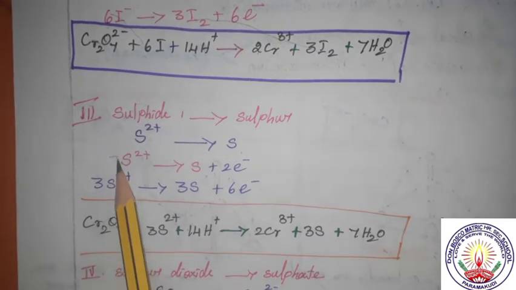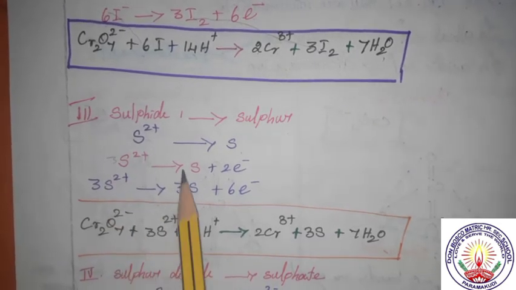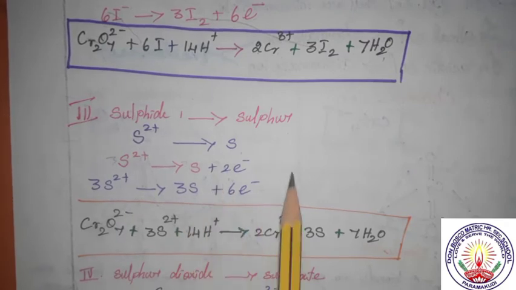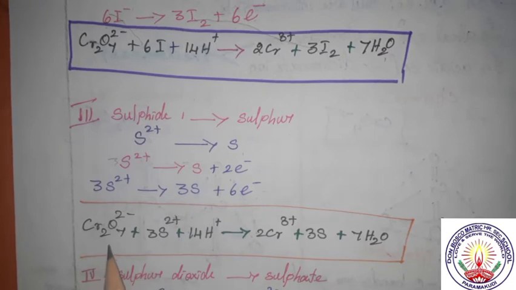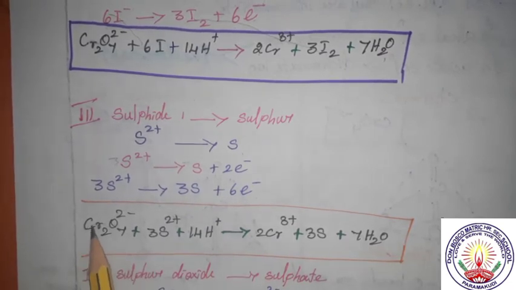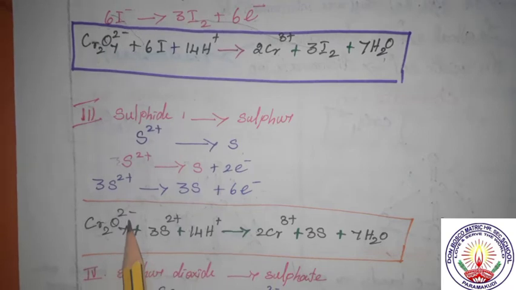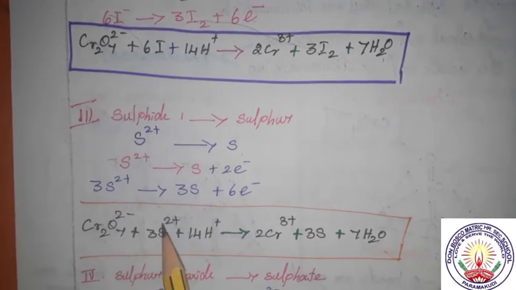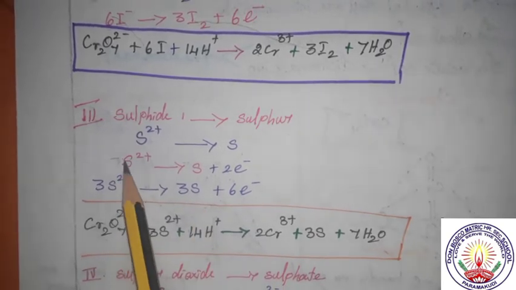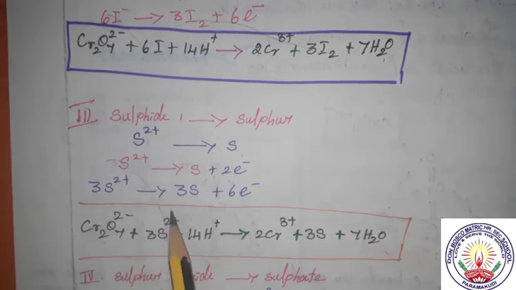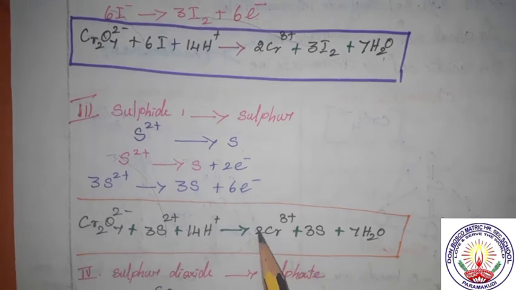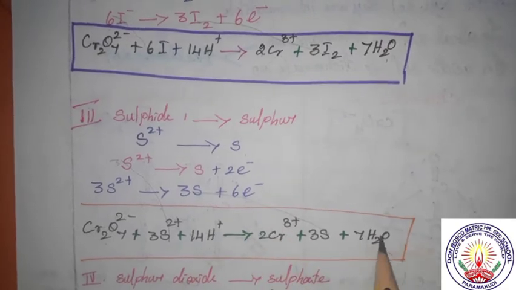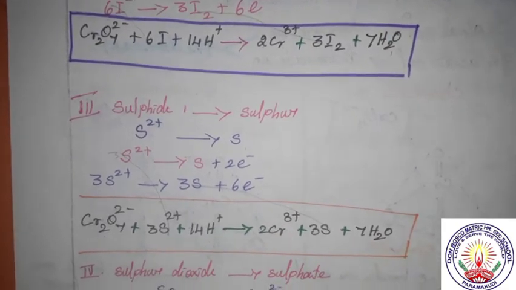So 3 S2- going to 3 S, 3 into 2, 6 electrons. So recall the basic equation: Cr2O7 2-, 3 S2-, then 14 hydrogen. Then towards the right, recall the mother equation, that is 2 Cr3+, and 7 H2O.